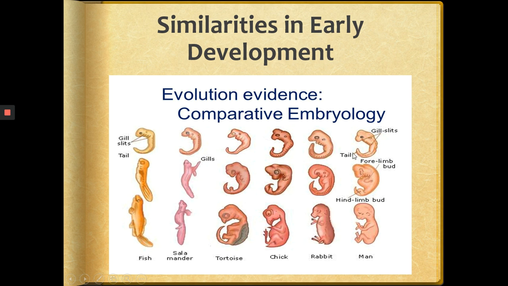We don't have a tail, but in our early stages of development, it looked like we had a little tail. If I put all of these organisms up here without their labels, there's a good chance we can't distinguish one from another. So similarities in early stages of development is the 4th piece of evidence that supports the theory of evolution. All right, so that's lesson 1.